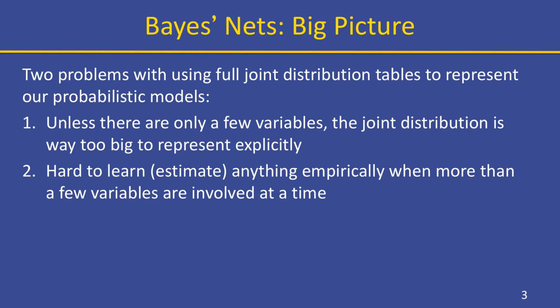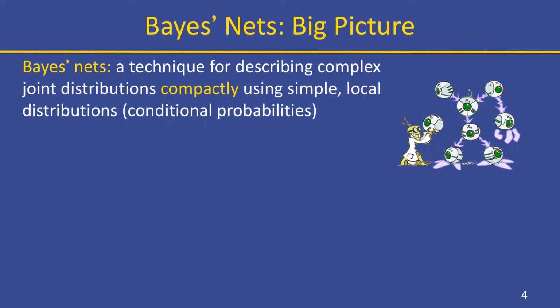It's also very hard to learn or estimate probabilities empirically when we have more than a few variables at a time. So in this lecture, we are going to introduce Bayes nets as a way to describe complex joint distributions compactly using simple local conditional distributions.